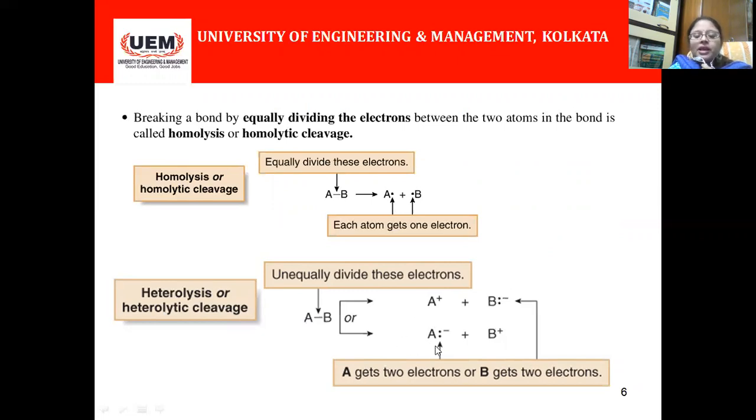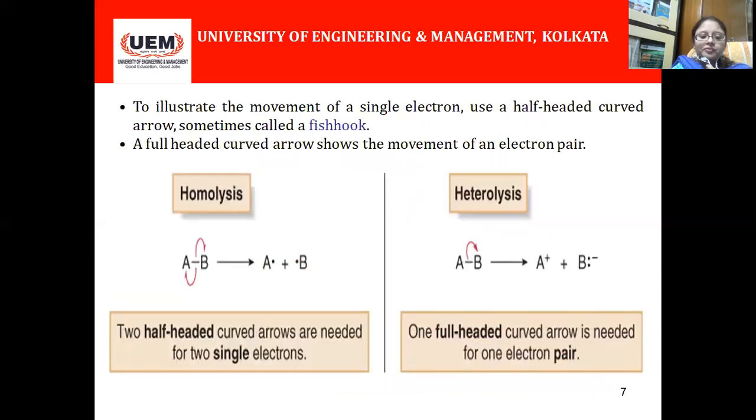It may also happen that A is converted to a negatively charged ion and B to a positively charged ion. But in both cases, there is an unequal share of electrons. One is getting more electrons, one is getting fewer. That's how positive and negative centers are generated. So it is called heterolytic cleavage.